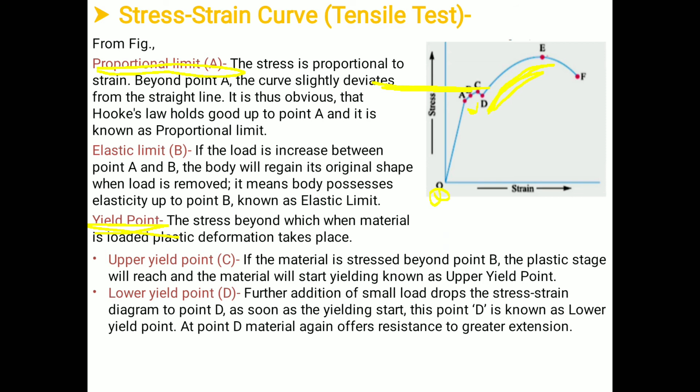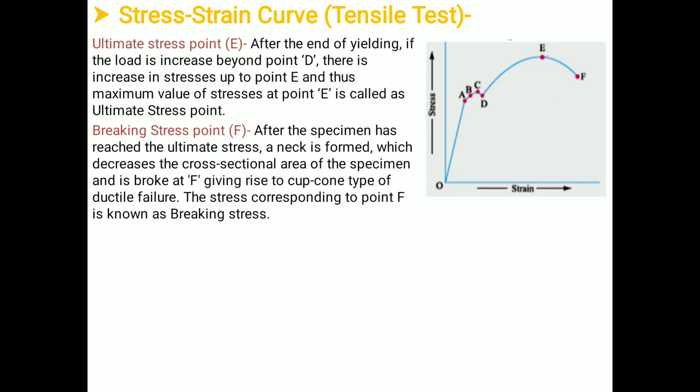Now we have point E. That point E is known as the ultimate stress of the material. Now what is the ultimate stress? It is the maximum stress ordinate in a stress strain diagram.